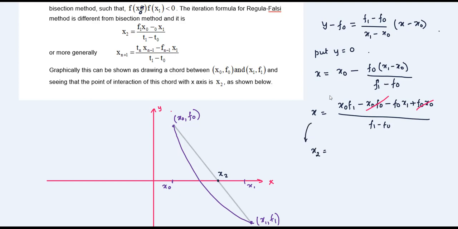This is our x2. Put y equal to 0. So we get f1 x naught minus f naught x1 by f1 minus f naught.